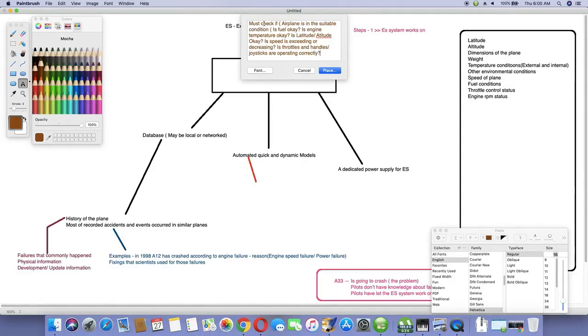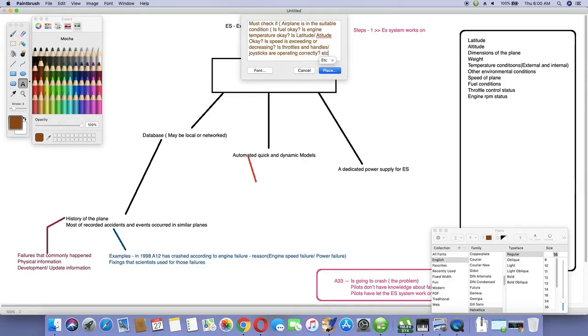The ES system needs to check, and it is like the BIOS POST system. If you're familiar, you need to remember that the POST system checks all the input and output systems of a computer. Likewise, the ES system checks: is fuel okay, is engine temperature okay, is latitude and altitude okay, is speed exceeding or decreasing, are throttles and handle joysticks operating correctly, and so on.